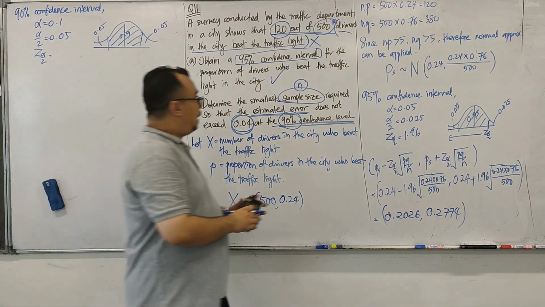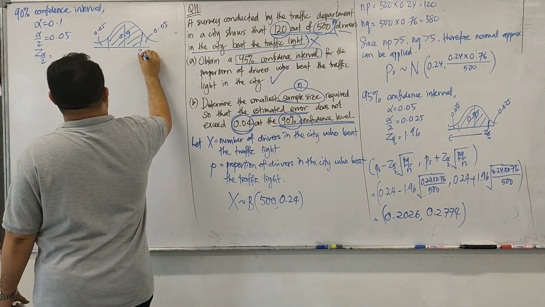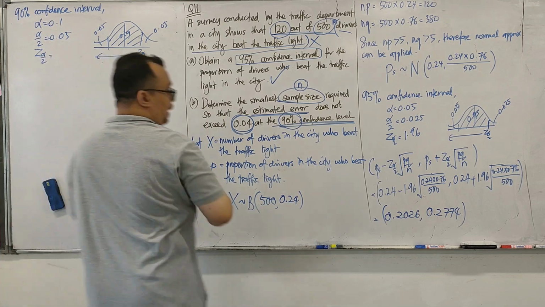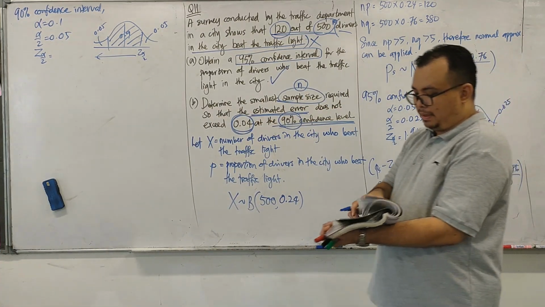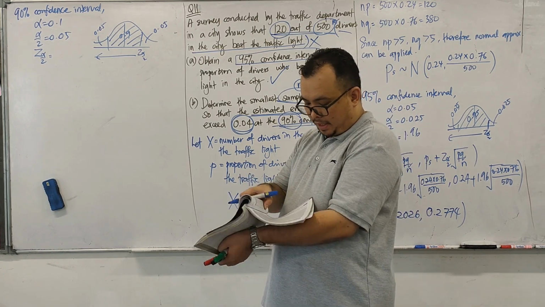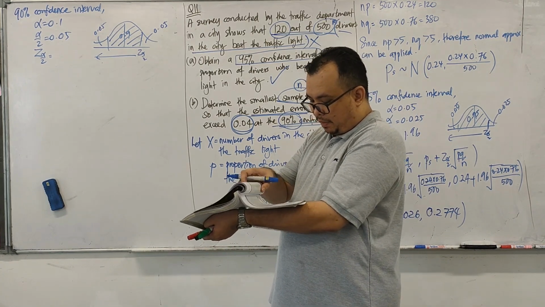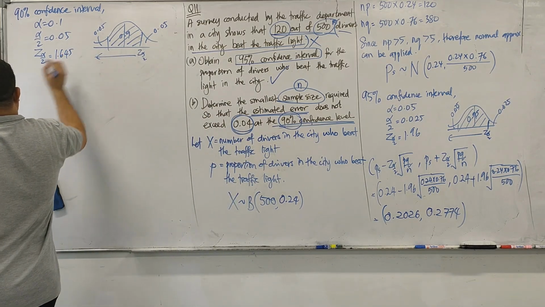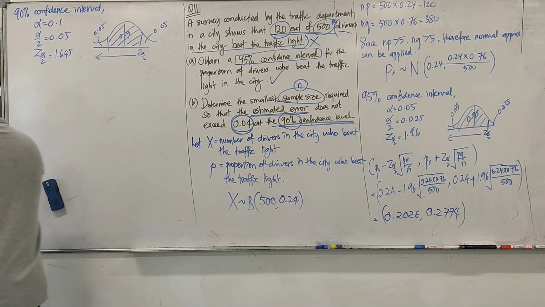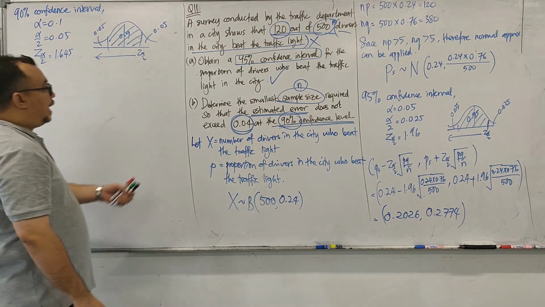Okay, so kita tengok table kita. This is our z alpha over 2. So look at your table. Berapa nilai z alpha awak? Okay, buka table awak. Okay, 95, 1.645. Okay, 1.645. Now, apa yang kita nak?